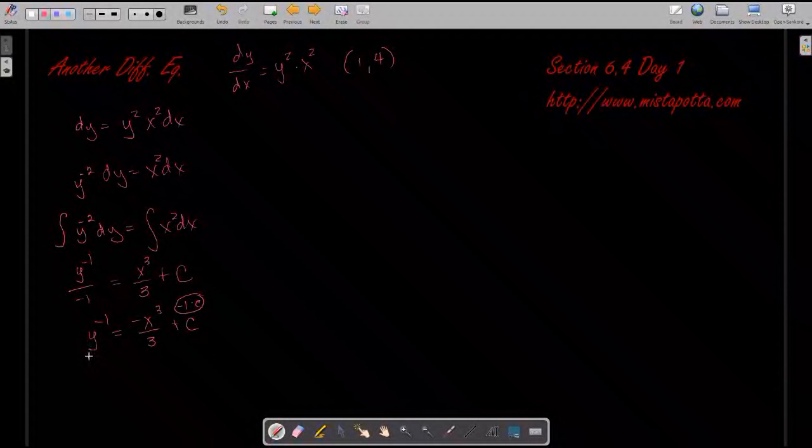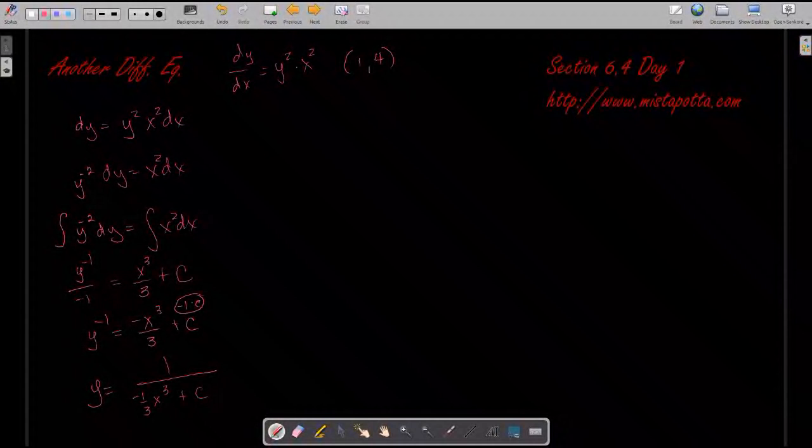Now this is y to the -1, so if I really want to find out what y is, I need to take the reciprocal of both sides. So I have 1 over -1/3 x cubed plus a constant. So this is my differential equation solution.